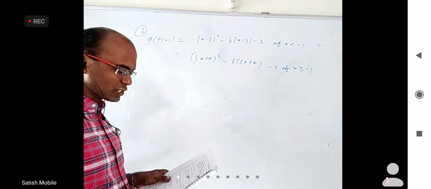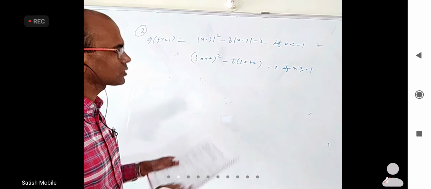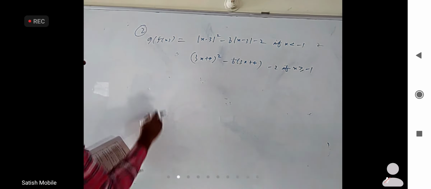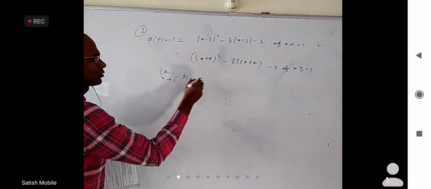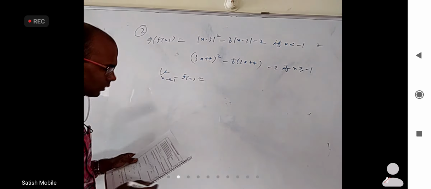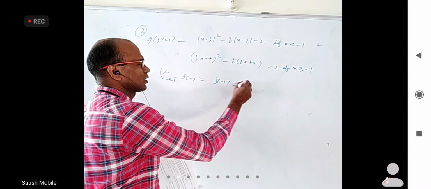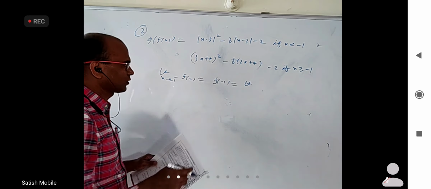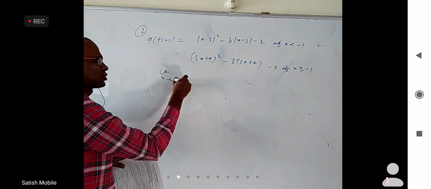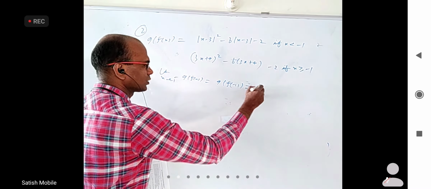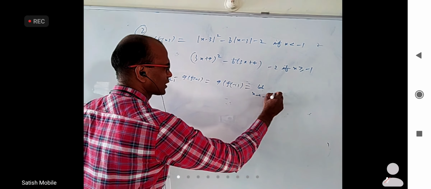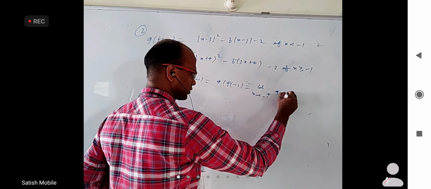Now at minus 1, for the function to be continuous, what is the b value? The left limit at minus 1 should be equal to the function value at minus 1, not f, but g of f of x.